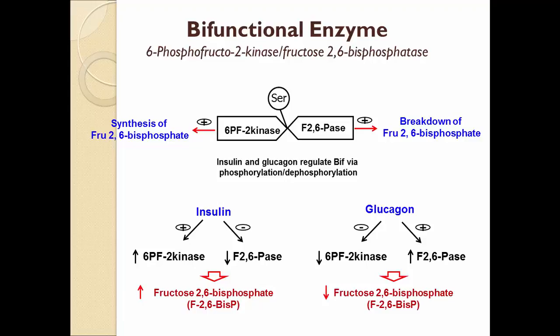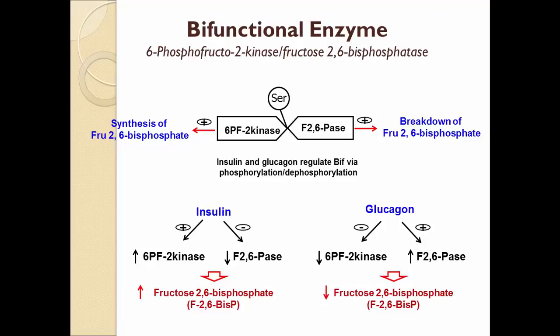And the consequence of this stimulation and inhibition by insulin is increased production of this key substrate. And glucagon is the opposite: it inhibits kinase and stimulates phosphatase, and breaks down the substrate. So insulin in general increases the production of fructose 2,6-bisphosphate, and glucagon reduces the production of fructose 2,6-bisphosphate, right?